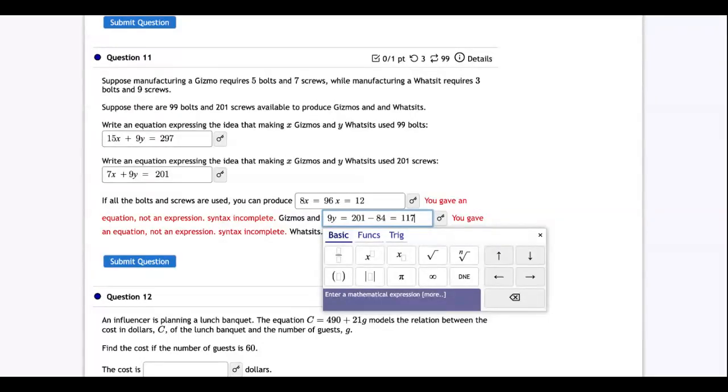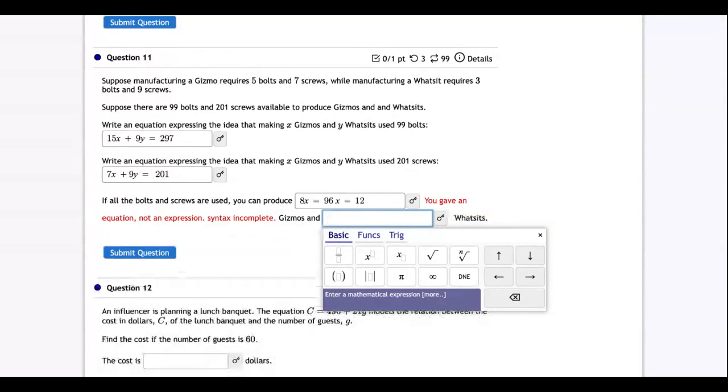So 117 divided by 9, what do we get? We get 13. So y equals 13. That's it. Right?